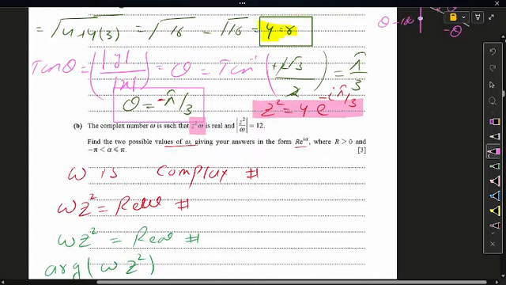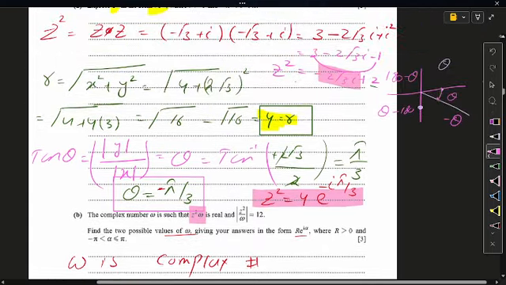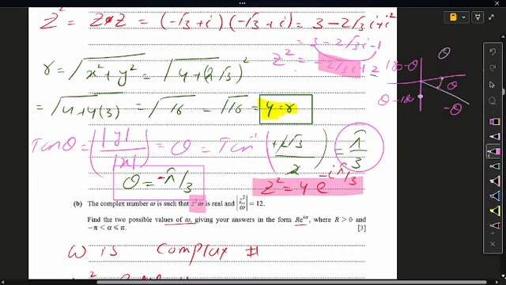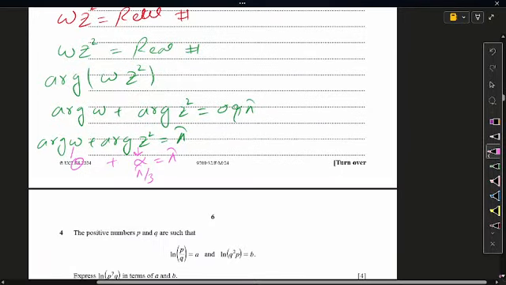That was pi by 3. Yeah, this one. So that value will be used over here for z square. For z square I put the value of alpha as pi by 3, and theta remains as it is because I don't know the value for omega for the time being, which equals pi.